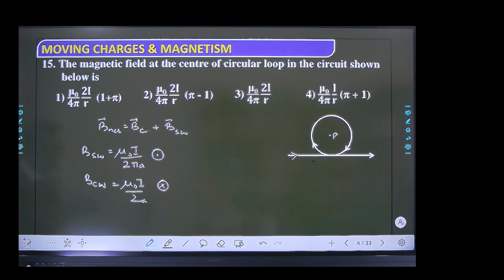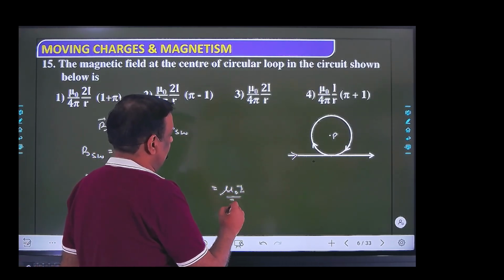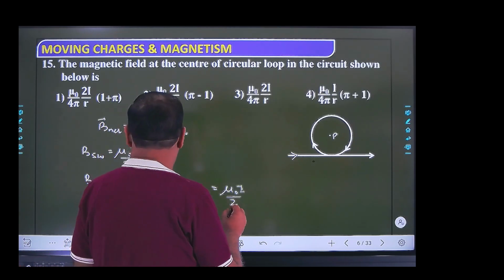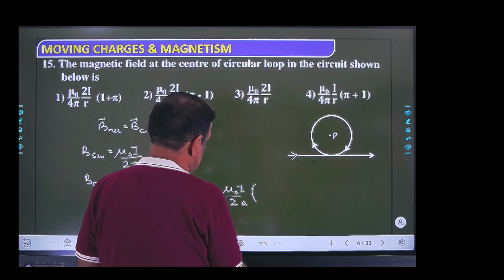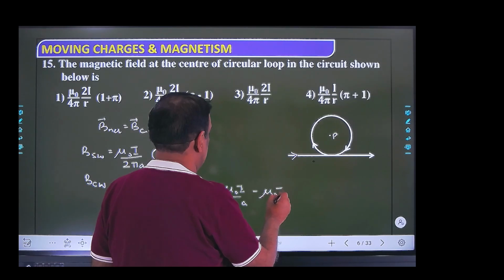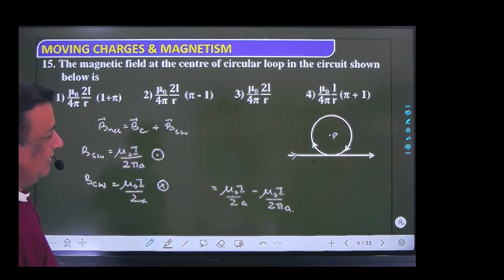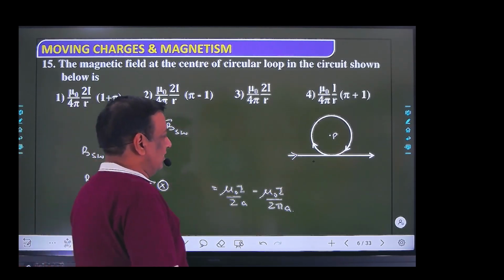So what do we write for the net magnetic field? The net field is mu naught I by 2a minus the straight wire's field. The direction of the net magnetic field will be, larger minus smaller, so inwards.